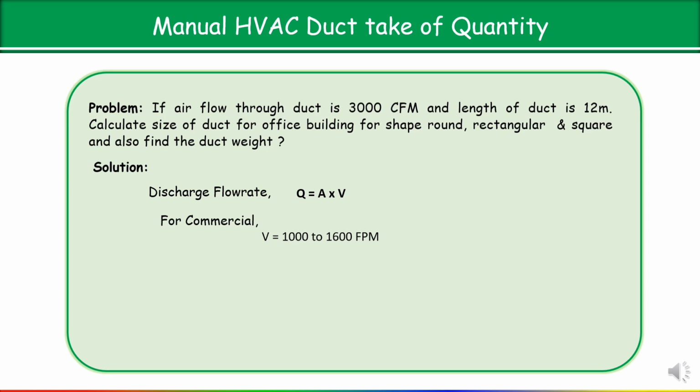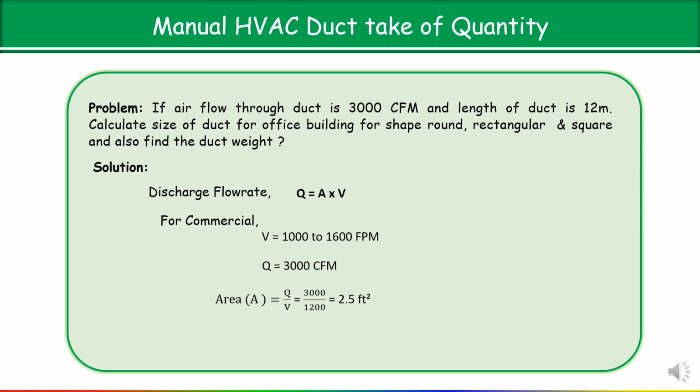Between this range we have to maintain the velocity for duct sizing. And if it is industrial, the velocity should be maintained at 1600 to 1800 fpm. Here the office building comes under commercial, so the velocity we have to maintain is 1000 to 1600 fpm.